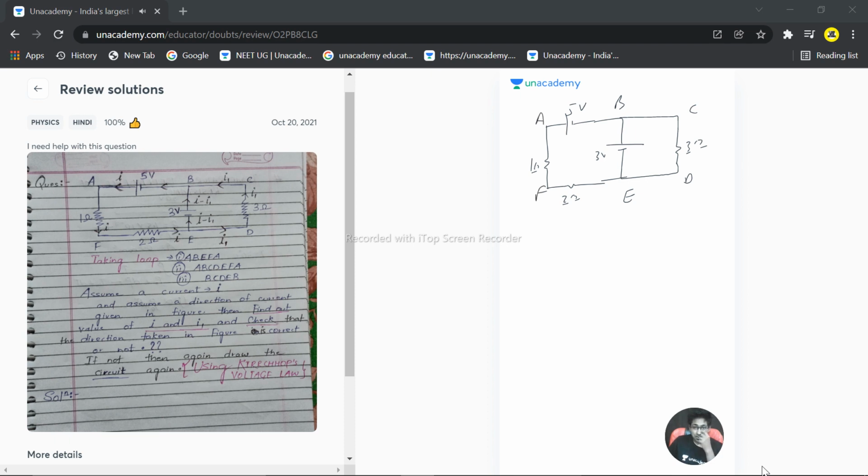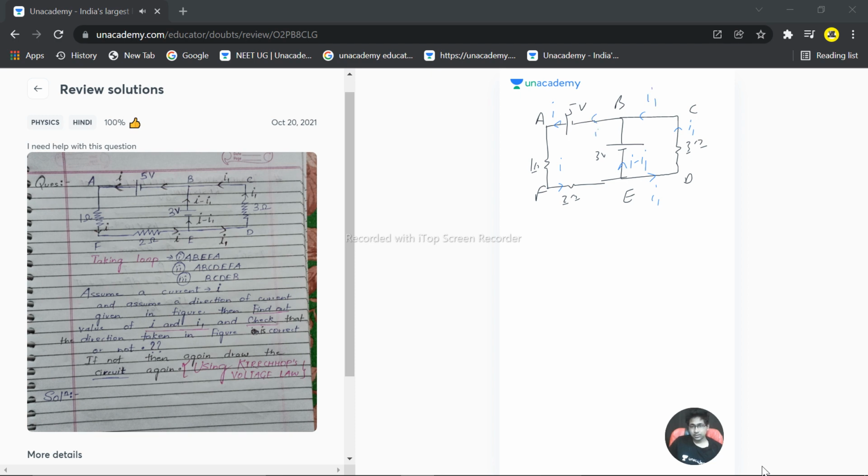So current is flowing from this. Here I1 current enters such that I minus I1 is entering into this branch. So I1 is flowing in this branch, same I1 is flowing in this branch, and I current is flowing in this branch.